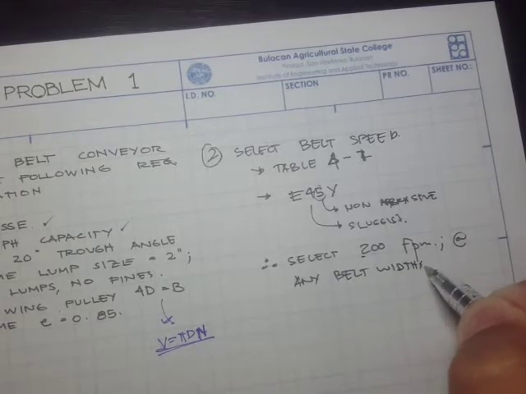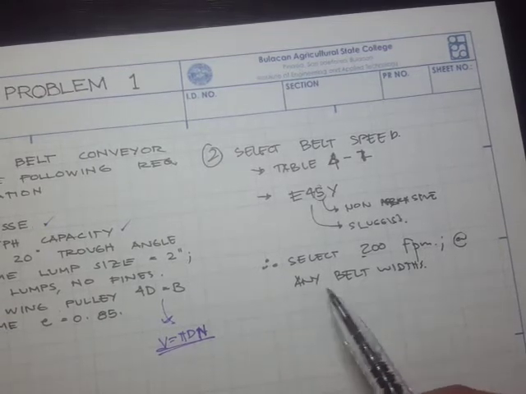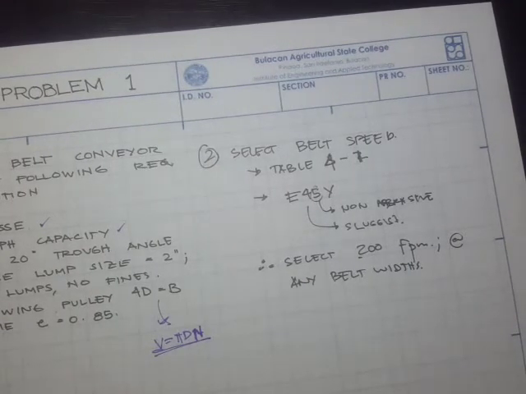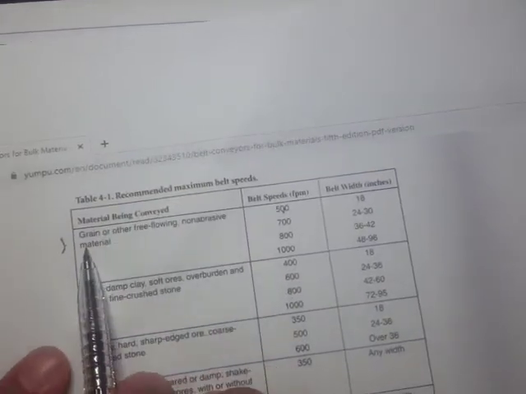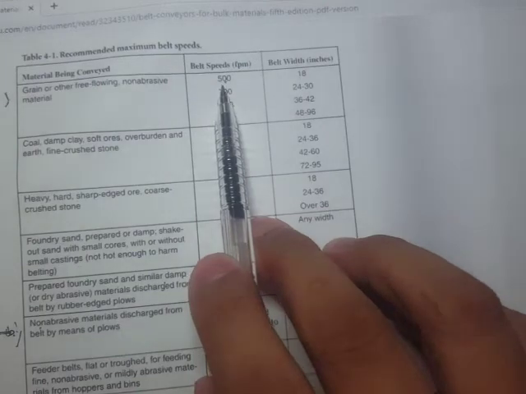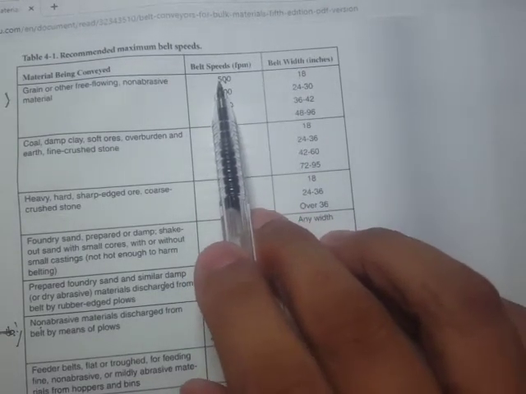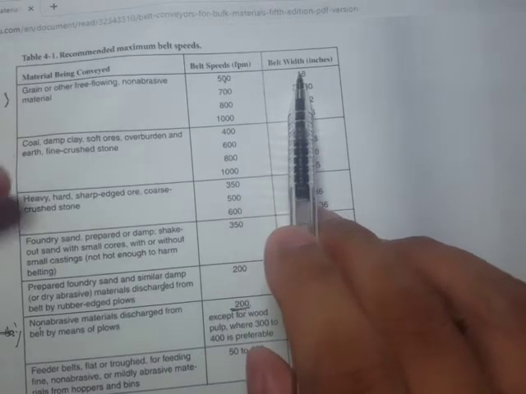So if we have a selection for, for example, something like this for the grains, then you can see that with this belt speed, you have this belt width.